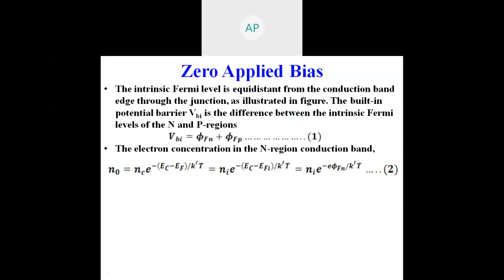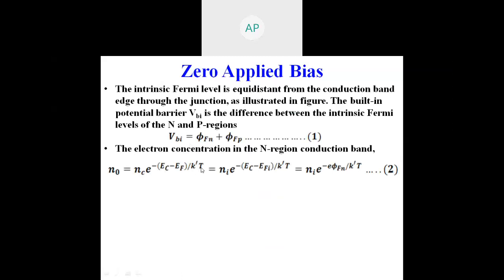The electron concentration in the N region conduction band. So guys, all these expressions are from semiconductor physics. According to that, the electron concentration in the N region is given as n0 equal to Nc e raised to minus (Ec minus EF) divided by kT.